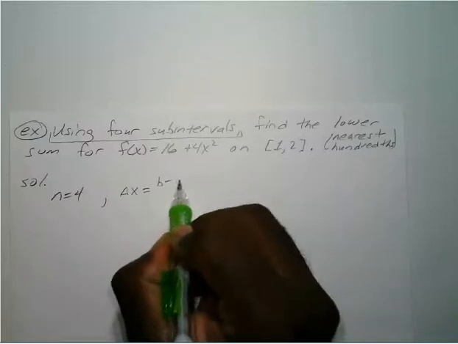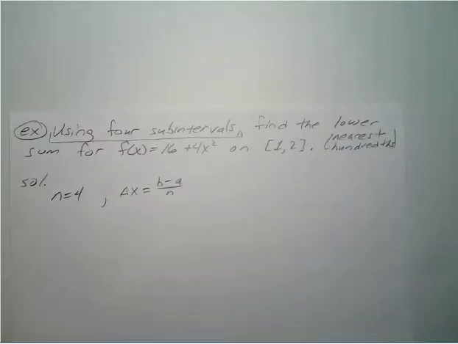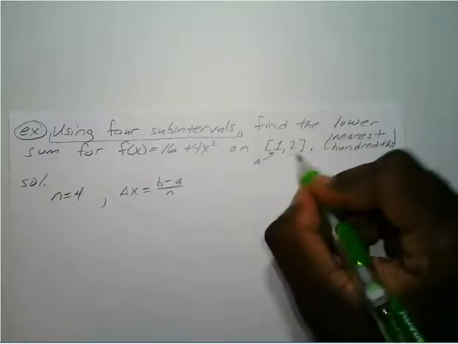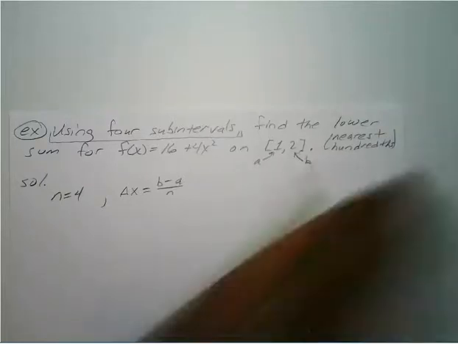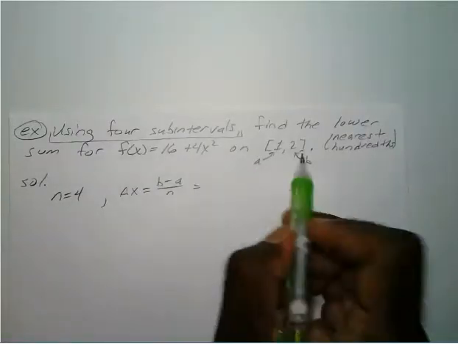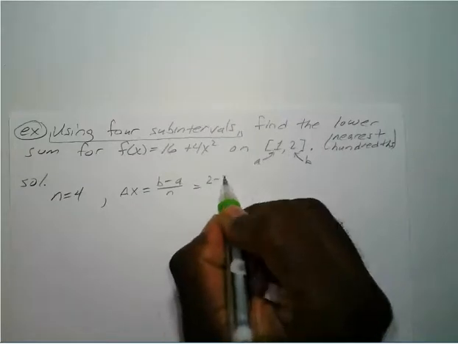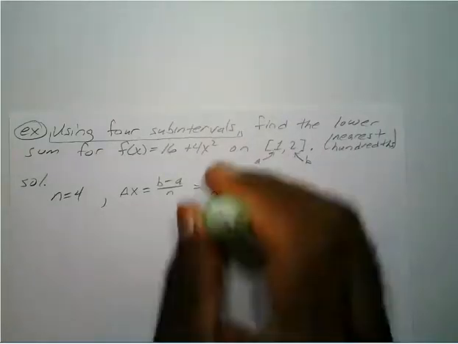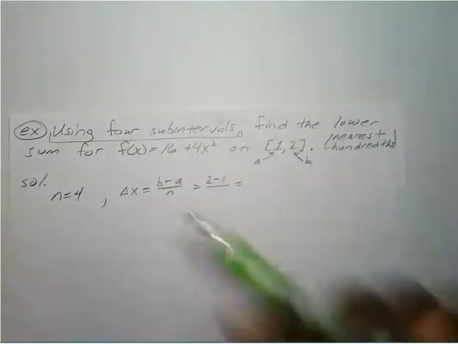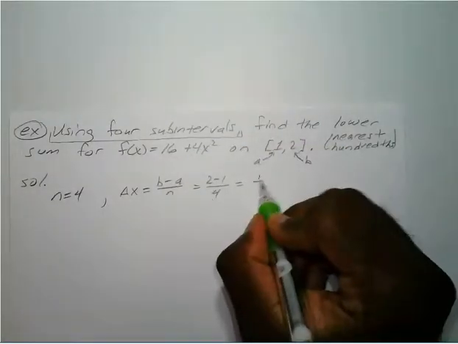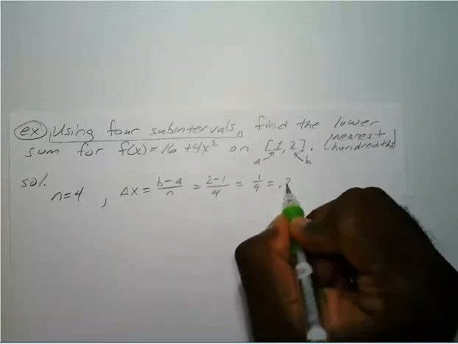Remember that's b minus a divided by n. So in this case, your a is equal to 1, and your b is equal to 2. So that's 2 minus 1 divided by 4, because we already know what n is, which is 1/4 or 0.25.